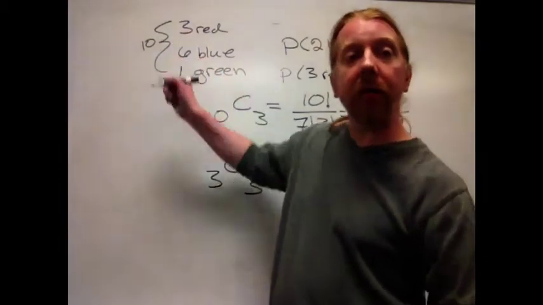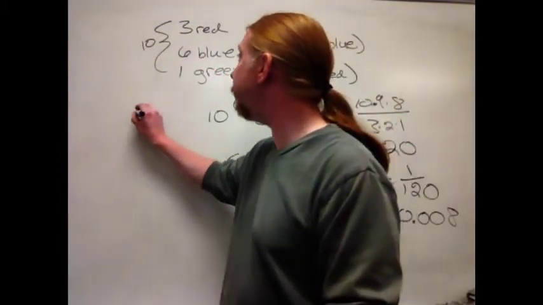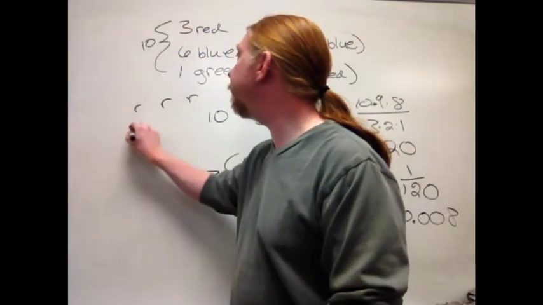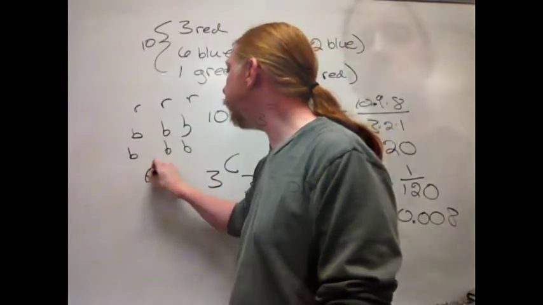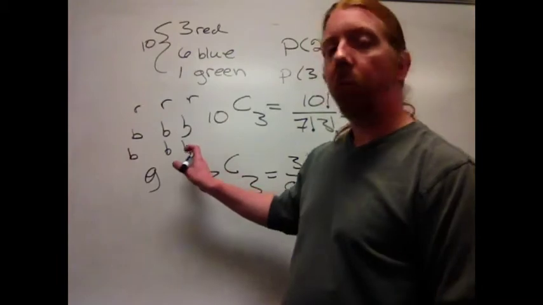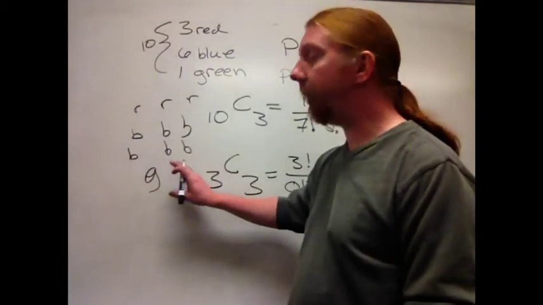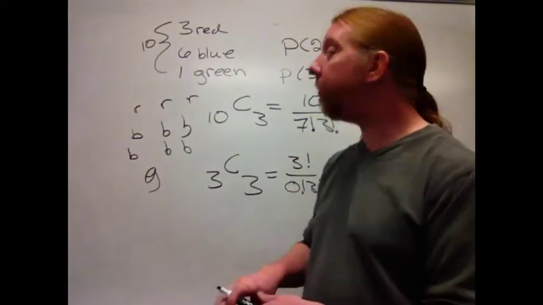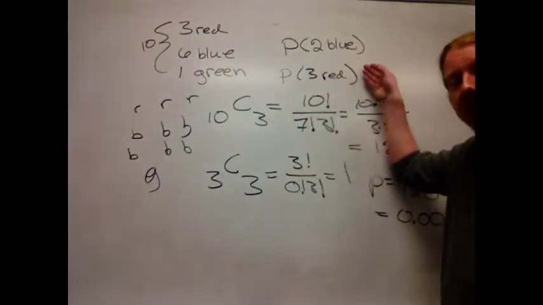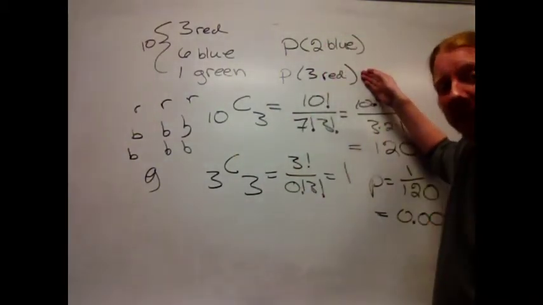So for example, if I got my 10 marbles here, I can actually do 3 reds, 6 blues. Once you've got this in front of you, you can ask yourself, well, how many different ways can these things happen? Especially when we're looking at focusing in on things like just having 3 red.